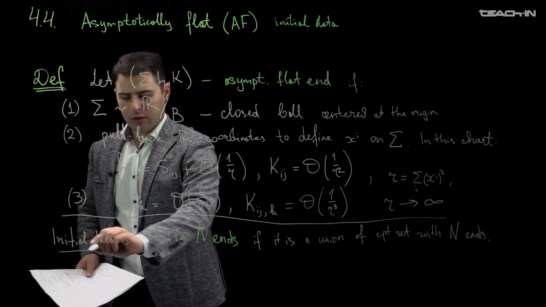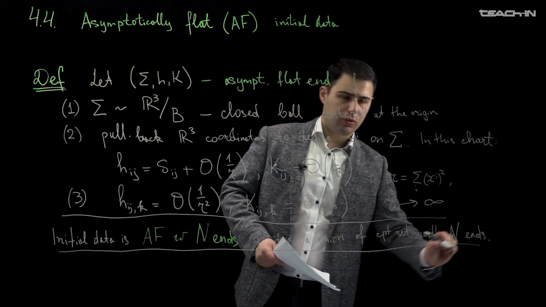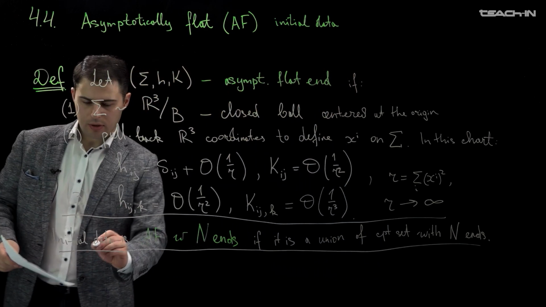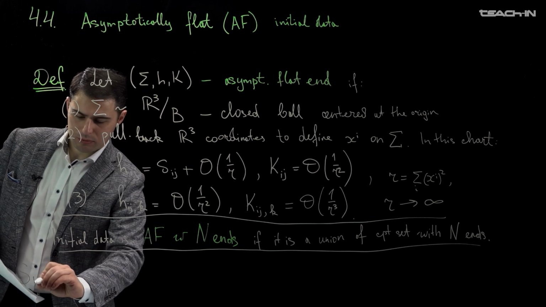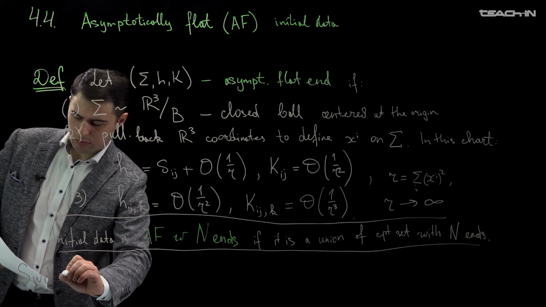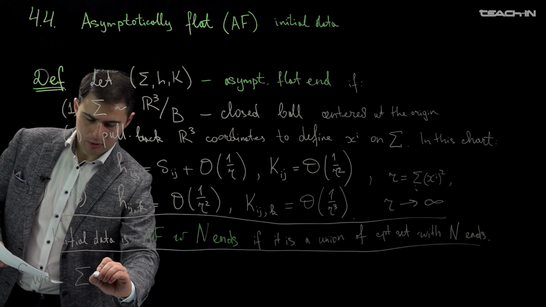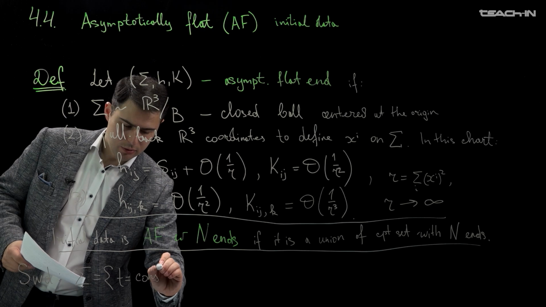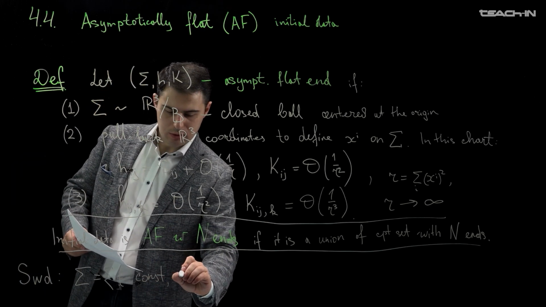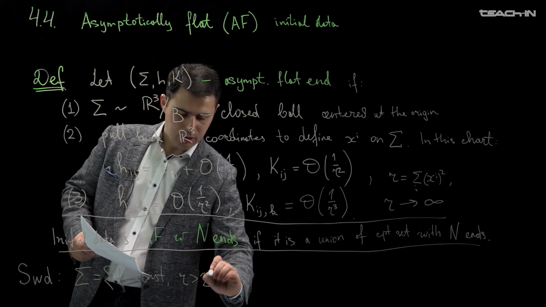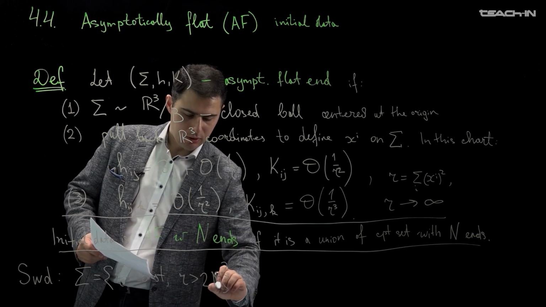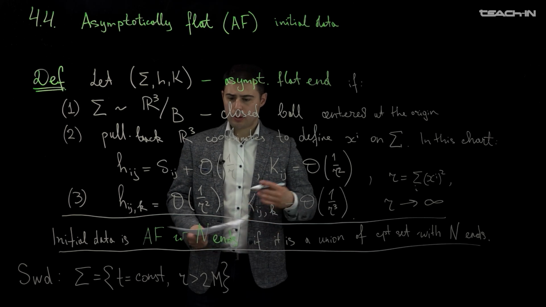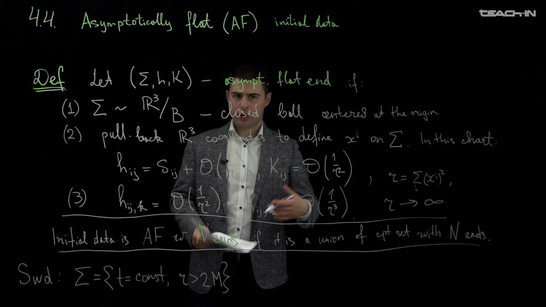If you take the Schwarzschild solution in the Schwarzschild chart, we have sigma given by time equals constant and radius greater than 2m. In this case, this is asymptotically flat data with one end.